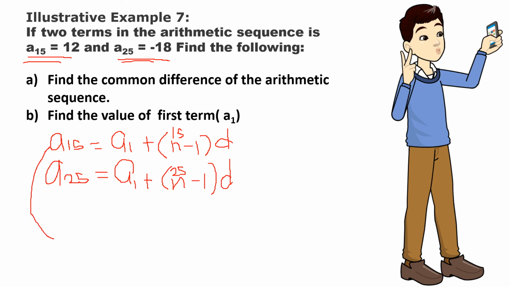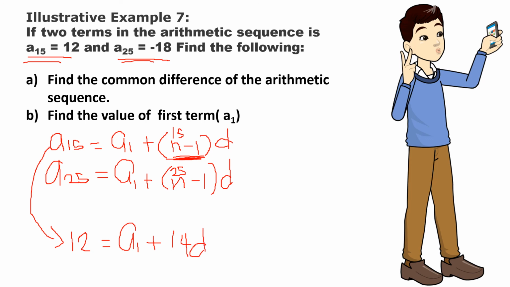So dito, A15 equals 12, then A sub 1 equals plus 15, solve na natin para mabilis. 15 minus 1 is 14 times D, we have 14D.